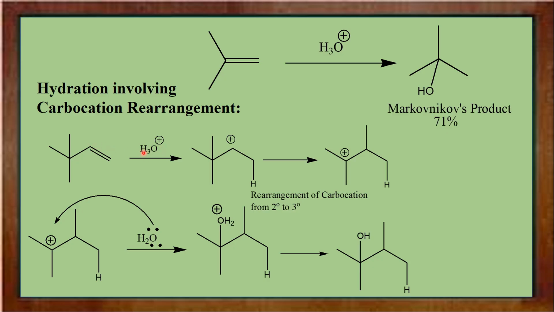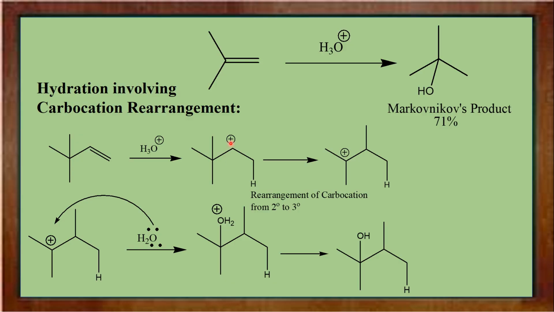So H plus is added to the terminal carbon, because this carbon had a minus, and the next carbon is holding the positive charge. It is a carbocation, a secondary carbocation.